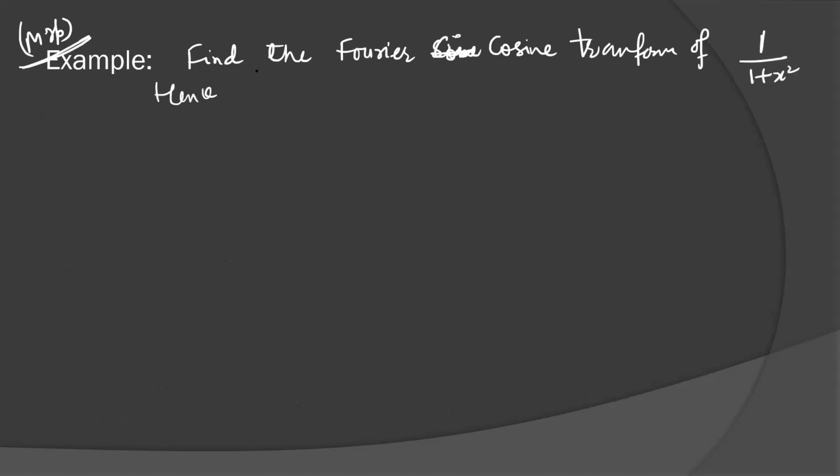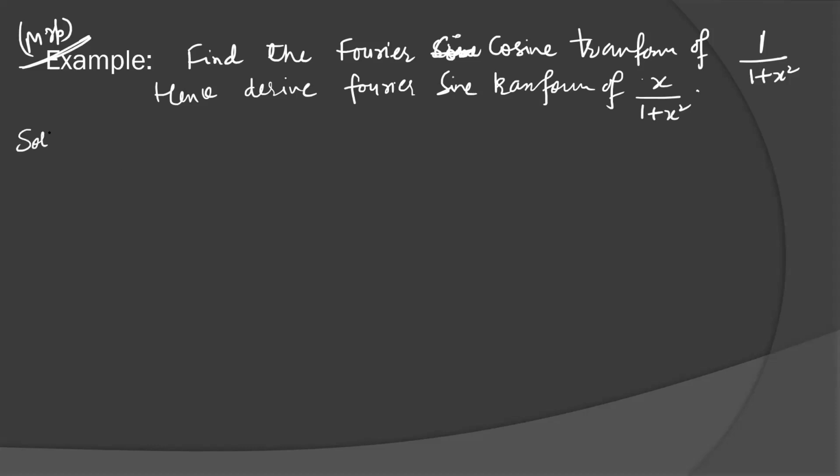Hence, derive the Fourier sine transform of x over 1 plus x square. Let's see the solution.